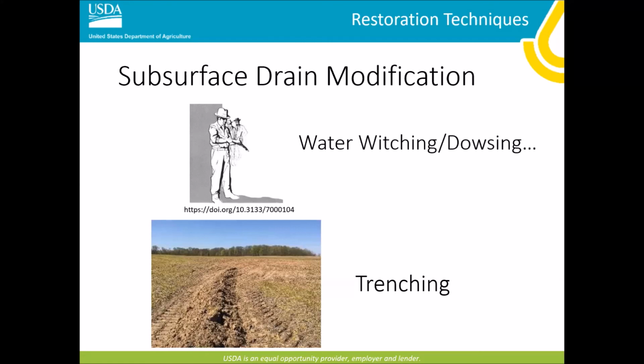Trenching is really a very effective way. It's very costly to do trenching. I would like to highlight, though, try to increase your depth of trenching in the low-lying areas. It's amazing how years and years of sediment deposits have filled in and made those tiles very deep, so that you can't easily hit them from 3 foot of cut.